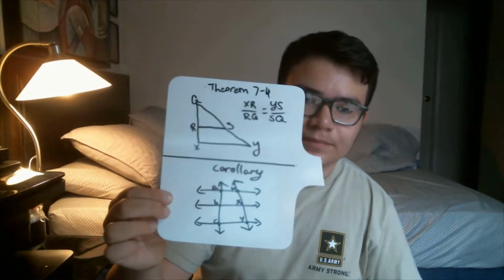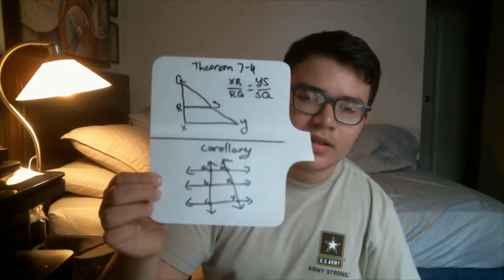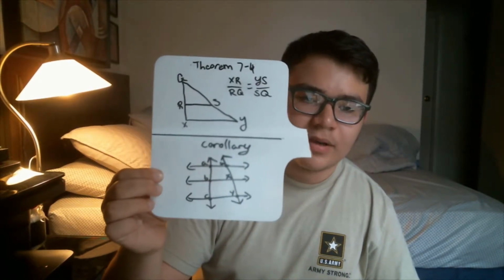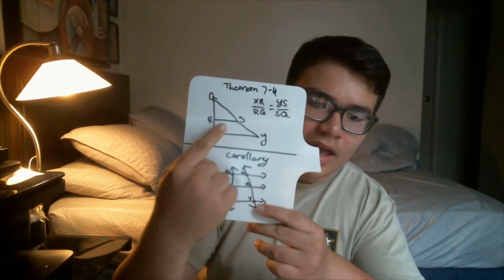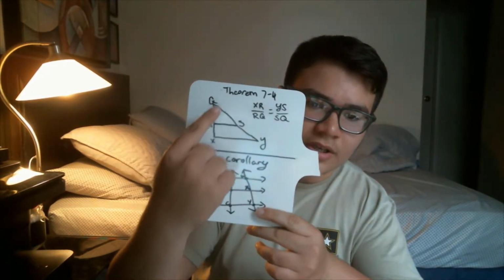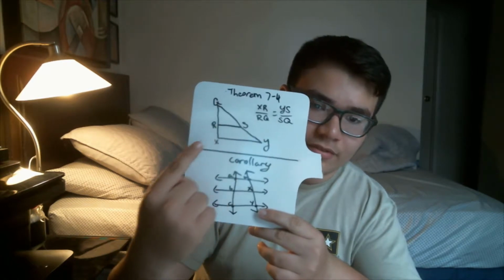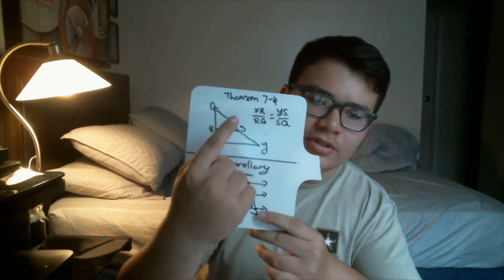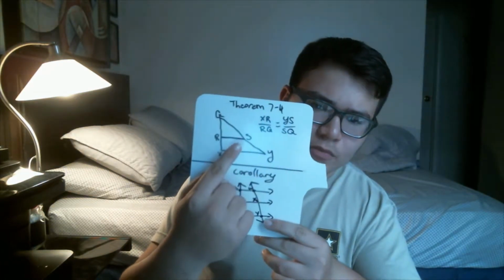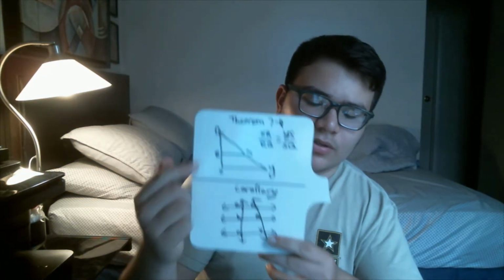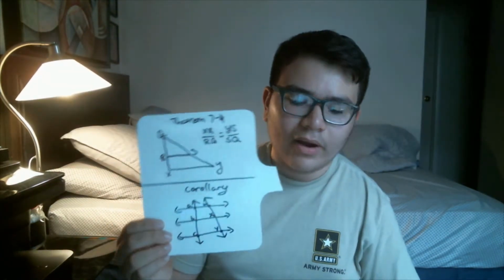This means that if line RS is parallel to XY, then the sides XR and RQ, if they're divided, are proportional to YS and SQ.